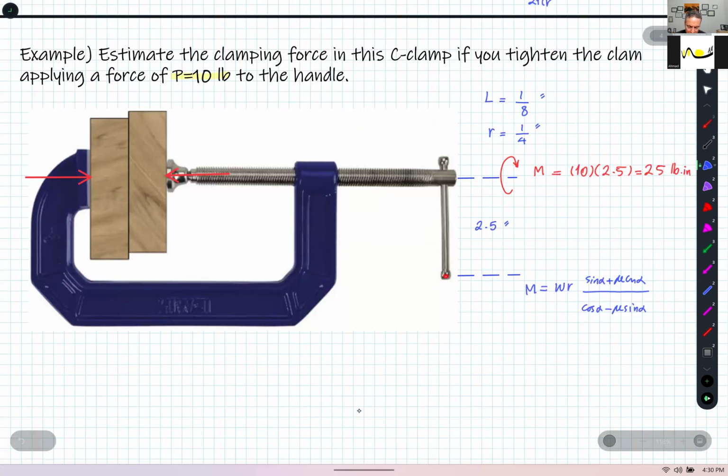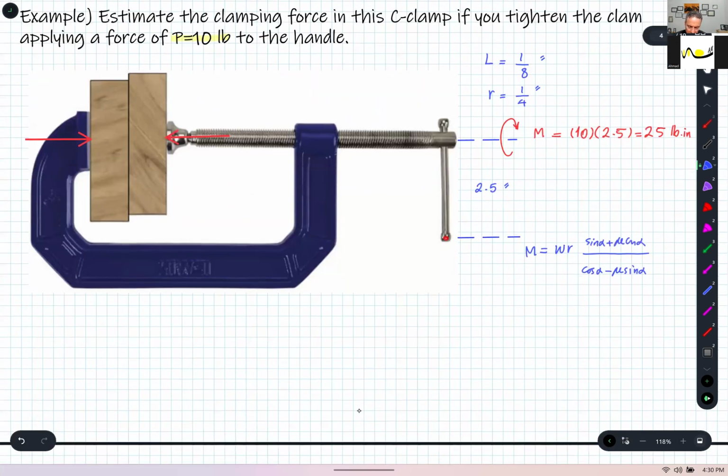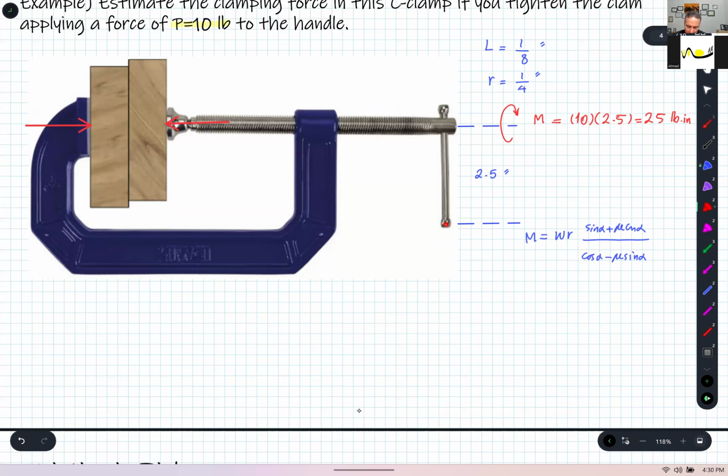Let's double check, make sure that we wrote it right. All right. So now let's substitute this value. We found the value of M, which is 25. We want to find out how much pressure we are creating, W here. W multiplied by the radius, which is 1/4.